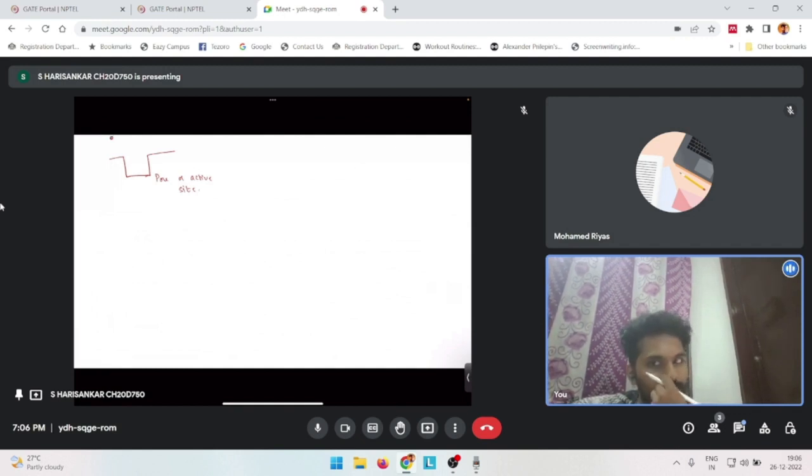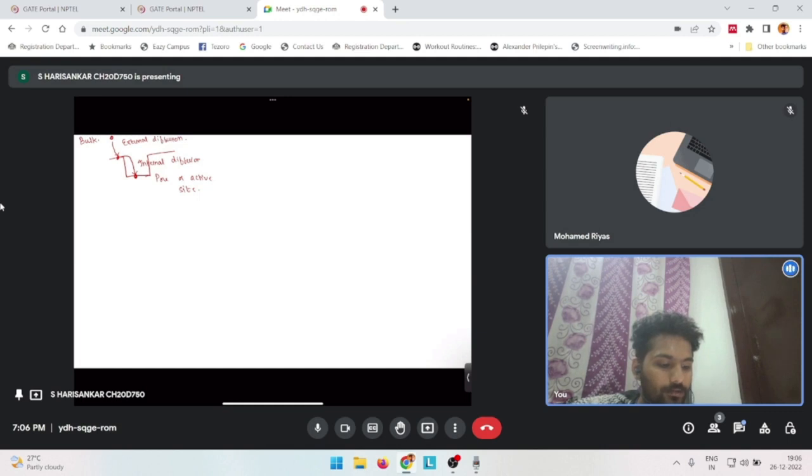The first two steps in catalysis is that this particle from the bulk has to first diffuse externally to reach the external surface of the catalyst. This is called external diffusion. Then your particle has to diffuse into the pore or the active site of your catalyst, and that is called internal diffusion.